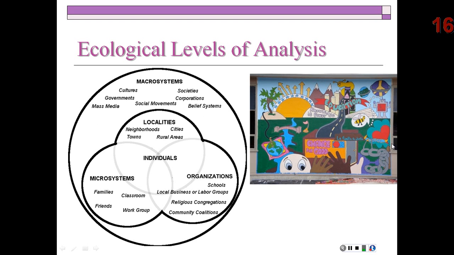She partnered with youth from the program, and youth actually conducted research on every level of analysis. They helped with the research, they helped collect the data, they helped interpret the findings, and they actually own the data. And this is one of their products. They created a mural as part of their project to highlight the culture of their school and their after-school program, which is called Change for Good.